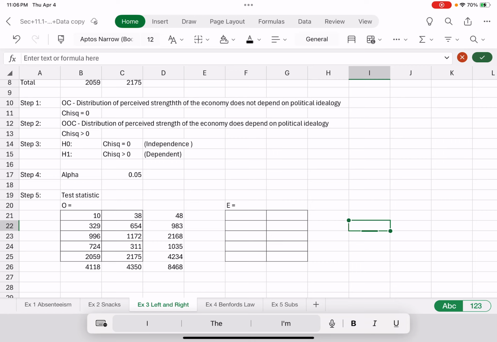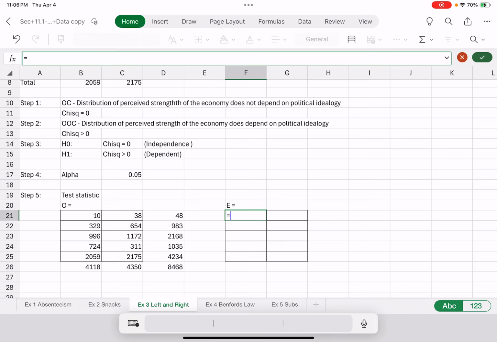All right, this thing is going to equal the row total times the column total divided by the grand total. Now let's put in some dollar signs so that I can fill it, and the appropriate things will change. The row total, I want that to change if I change rows, but not if I change columns. So the column designation, which is D, must stay the same.